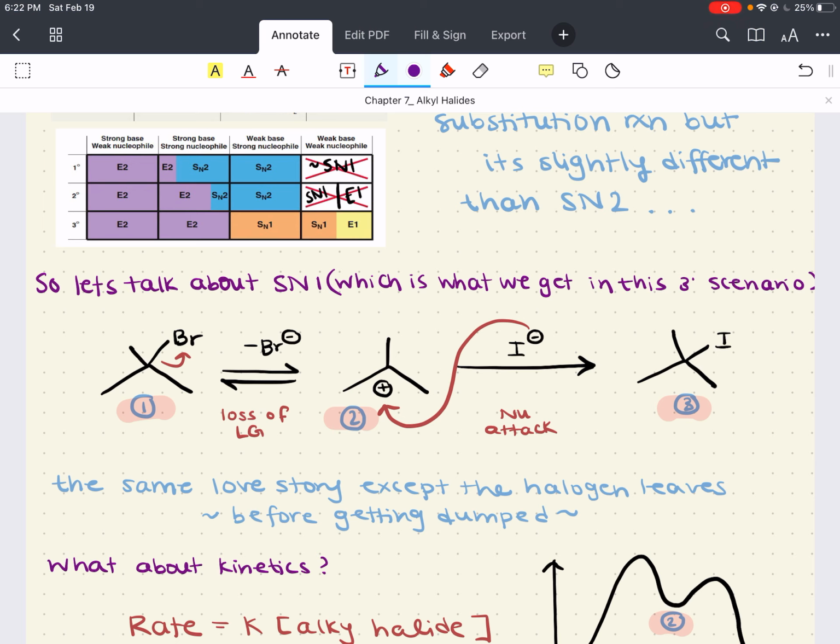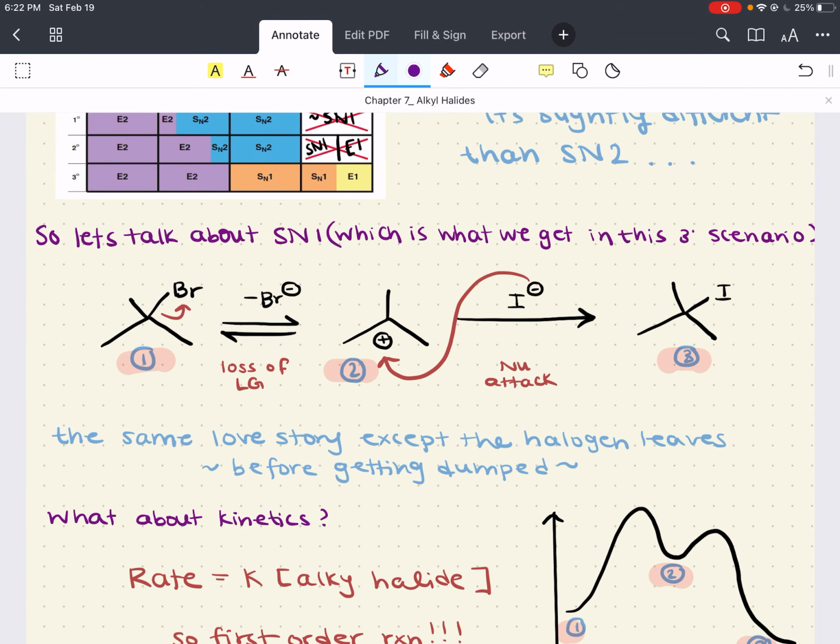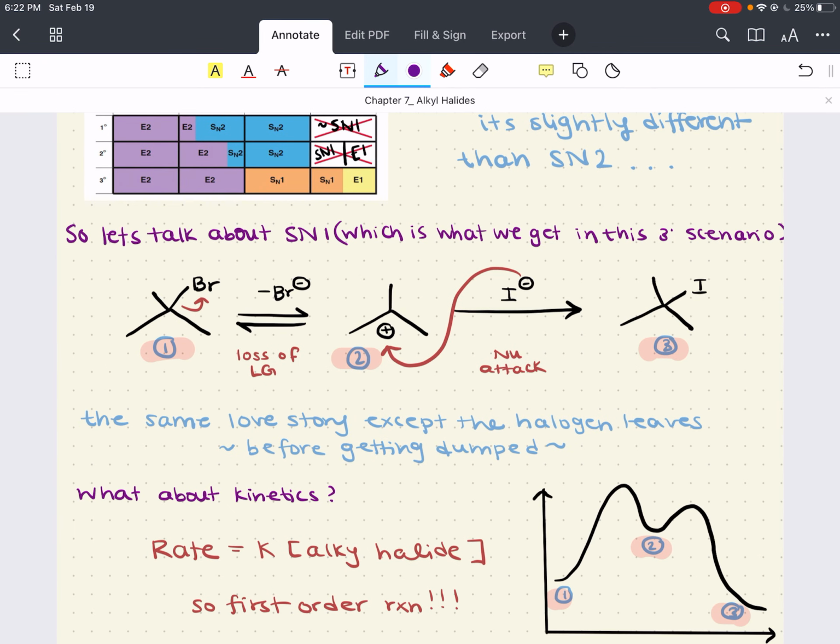Now, after some time, the molecule might find herself a new lover, a new nucleophile with a good job and a 401k. All right, so here's what this mechanism looks like. First, loss of a leaving group. Halogen leaves. Halogen dumps carbon first. So the halogen leaves, and now you have this carbocation.